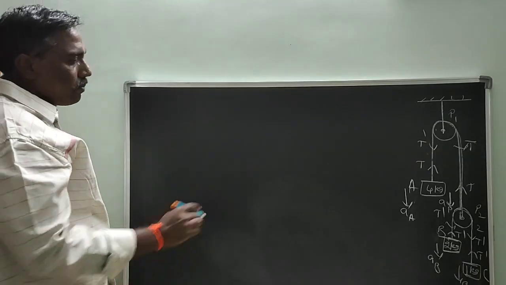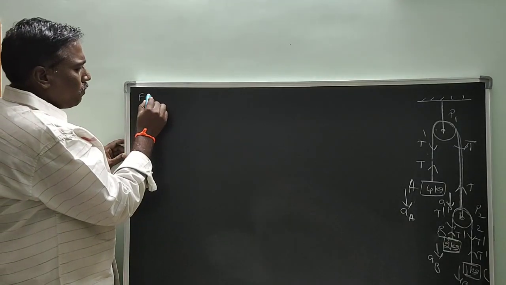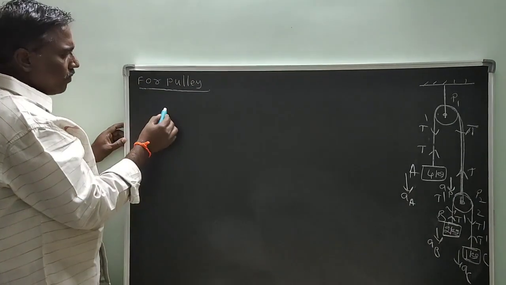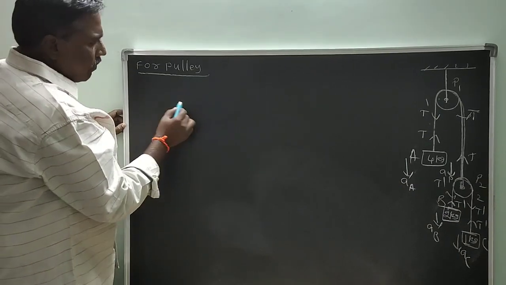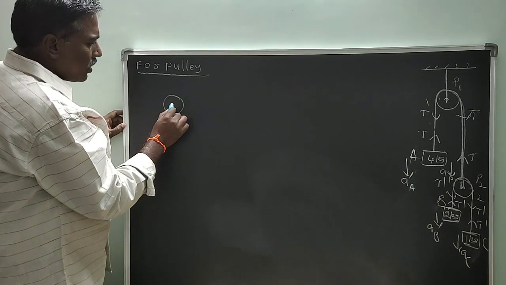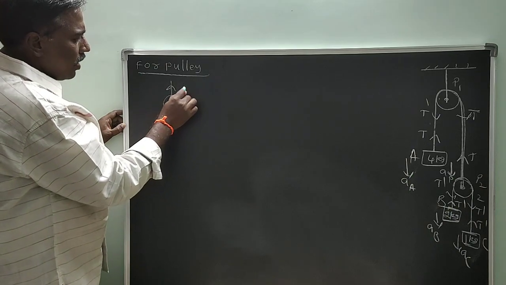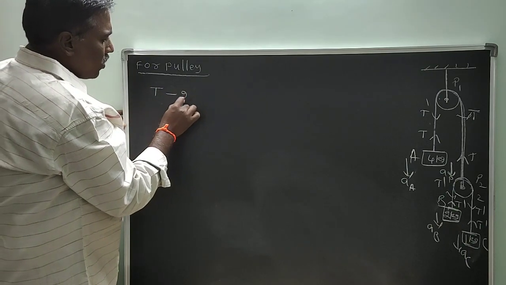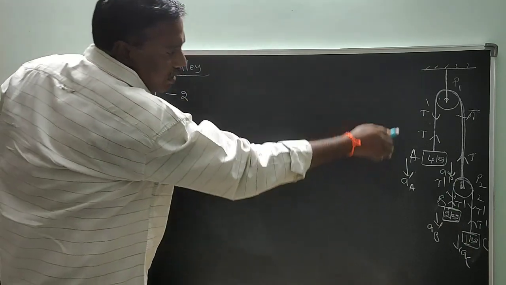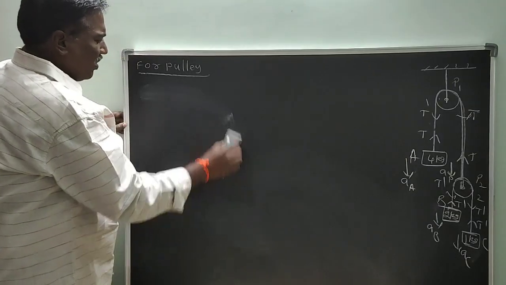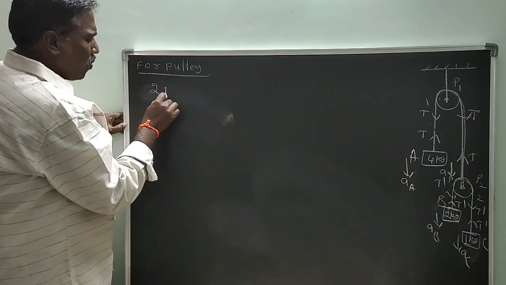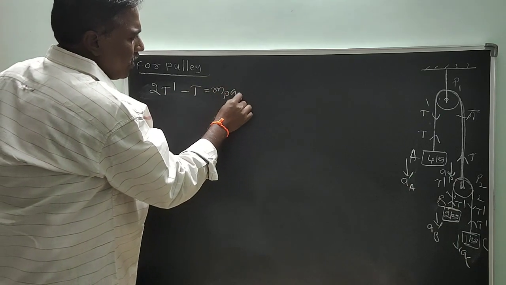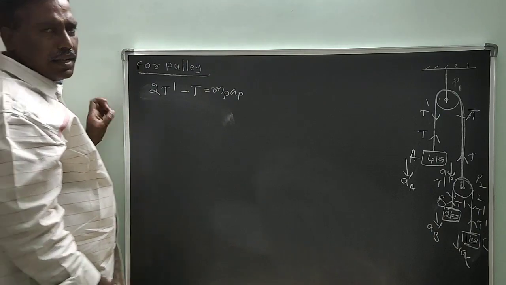For the pulley, the upward force is T, and the downward force is 2T dash. The acceleration is downward, so 2T dash minus T is equal to the mass of the pulley times the acceleration of the pulley.